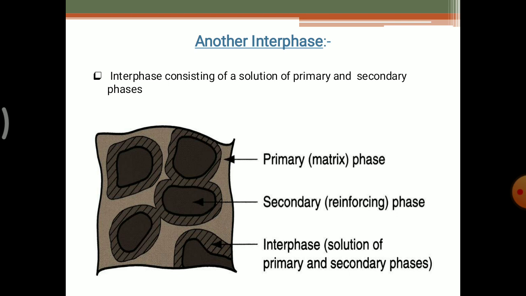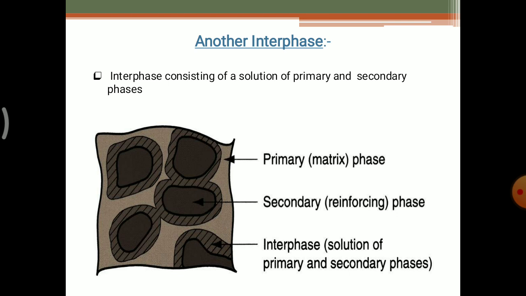So the first one contains only primary and secondary phase. The boundary between the primary and secondary phase is known as the interface. But in the second type, a third ingredient is used as a catalyst, and this is the basic boundary of these two sections, that is primary and secondary phase.